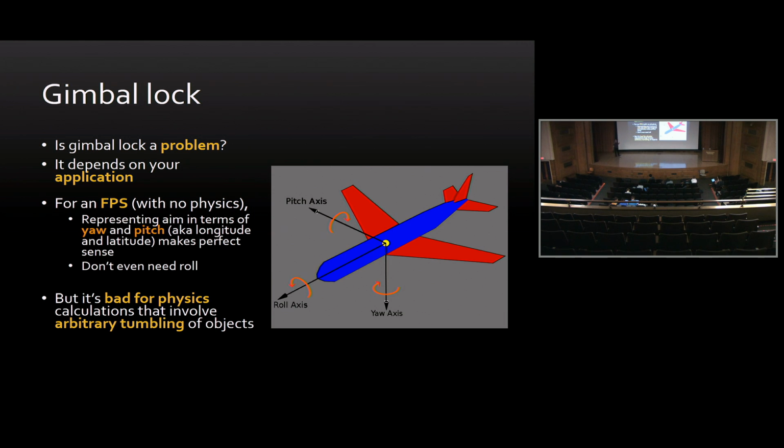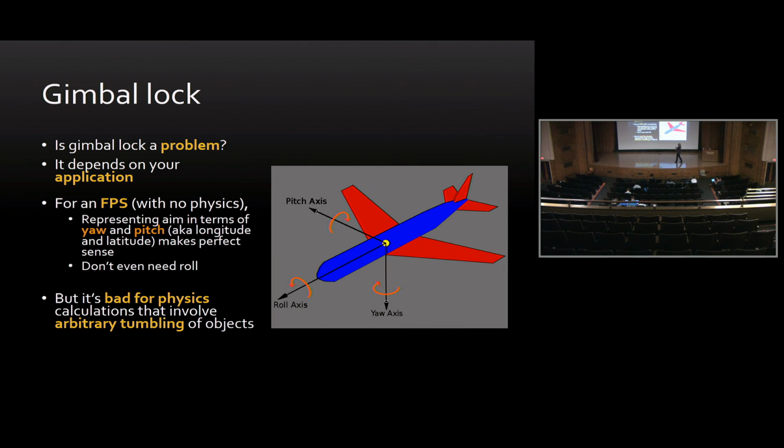Well, it depends on your application. If you're doing something like a first-person shooter like Doom, where you just have characters running around in the plane, then you can represent the configuration in terms of position in the plane and just their yaw angle, because that's all that they're kinematically capable of doing.